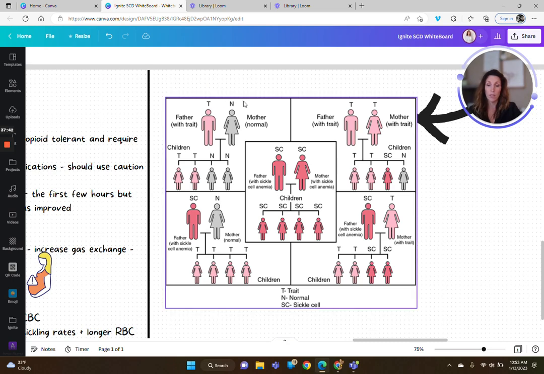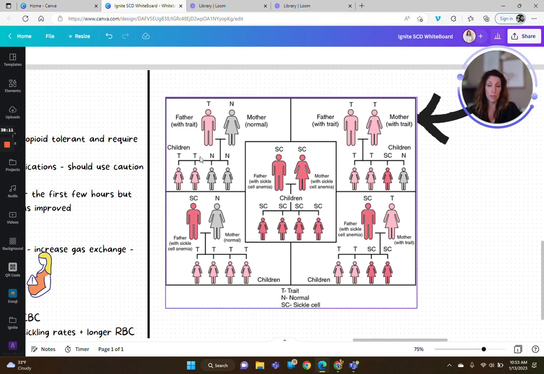Then, if he reproduces with mom here, who's normal, she has two normal genes, then half of the offspring are going to have normal genes, and half of them are going to have the sickle cell trait.